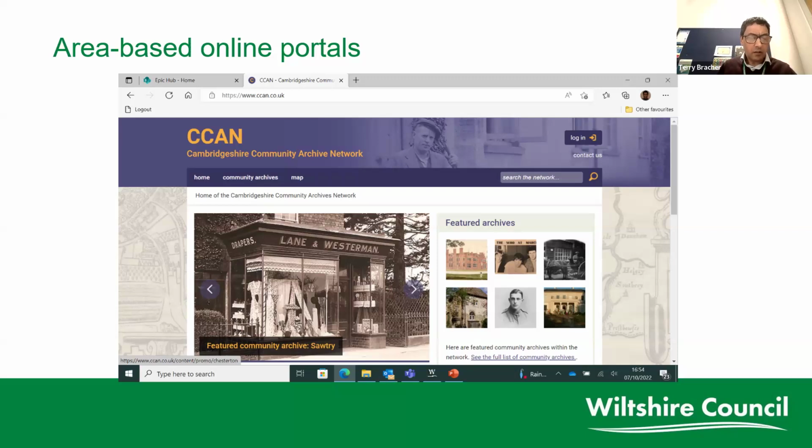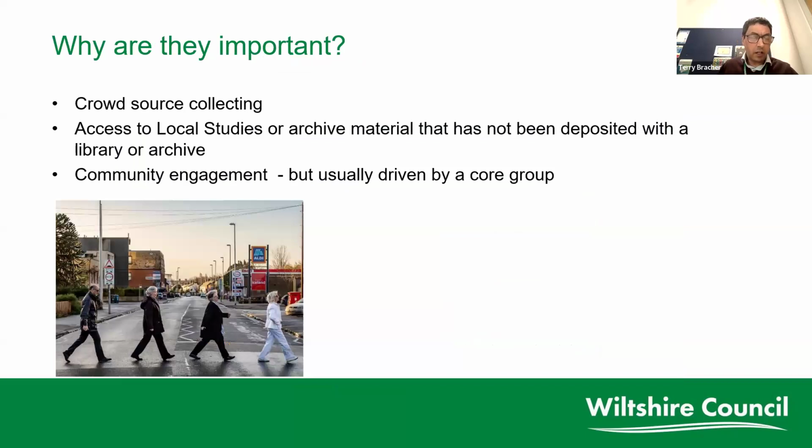So next slide, Tony. Why are community archives important? Well, for me, crowdsourced collecting is one of the most important things. It engages local communities with their heritage, giving new insights, and enables people to tell and share their stories in ways perhaps we couldn't as local historians, local studies librarians and archivists. It helps us identify material that is maybe not deposited with the library or archive.